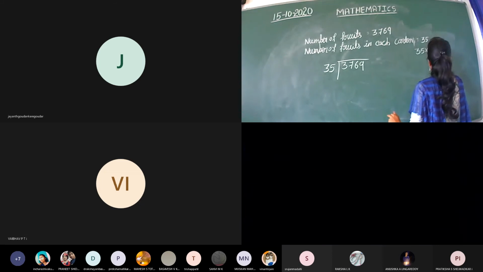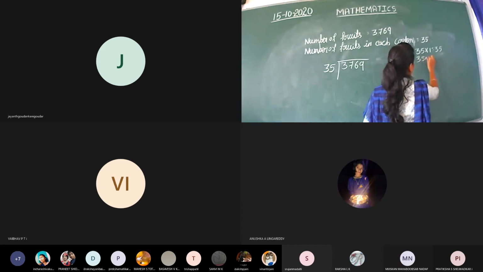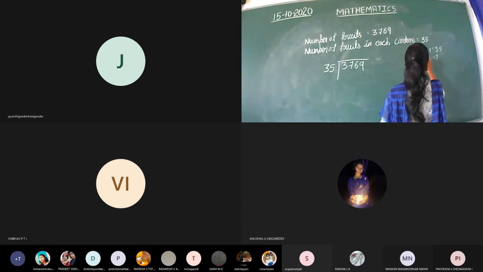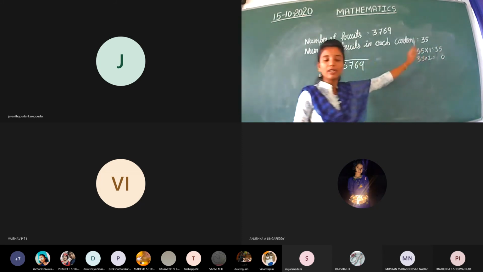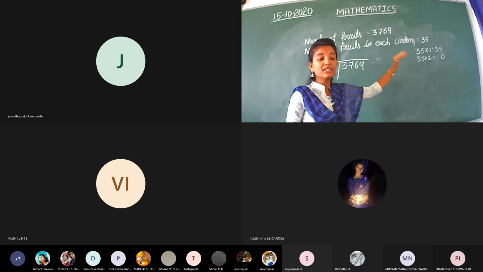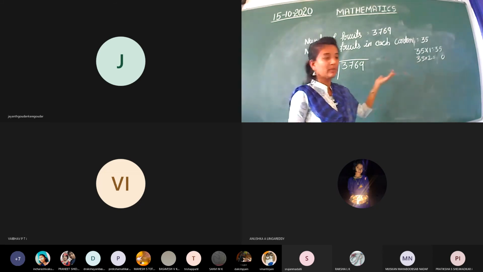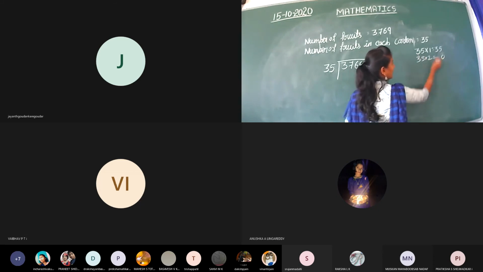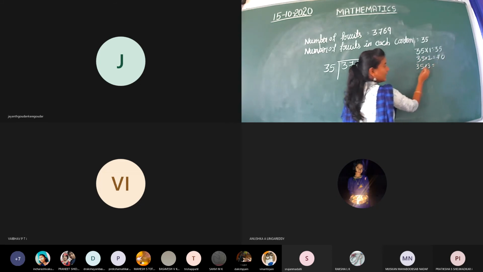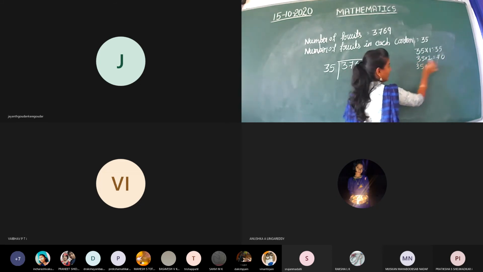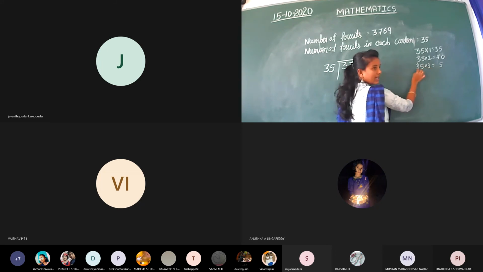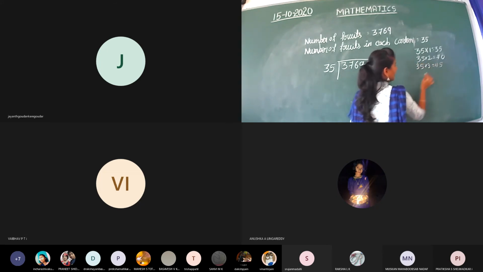35 ones are 35. 35 twos are... If we didn't know the tables of 35, then what can we do? By using the multiplication method. 2 5s are 10, 2 3s are 6, 6 plus 1, 7. Then 35 into 3. 3 5s are 15, 3 3s are 9, 9 plus 1, 10.